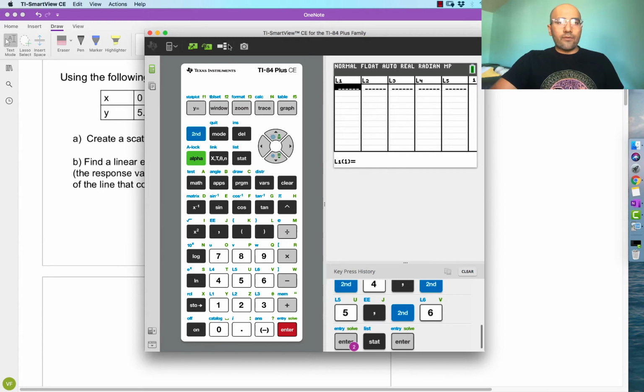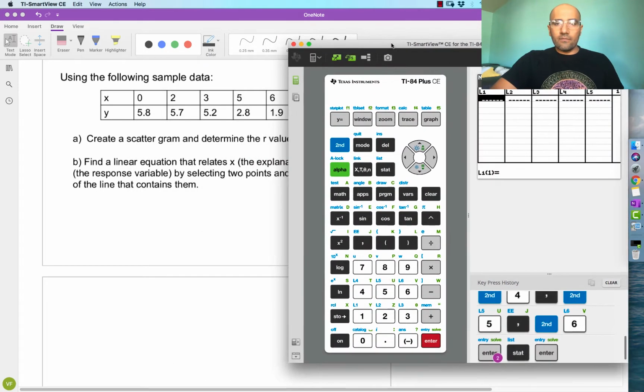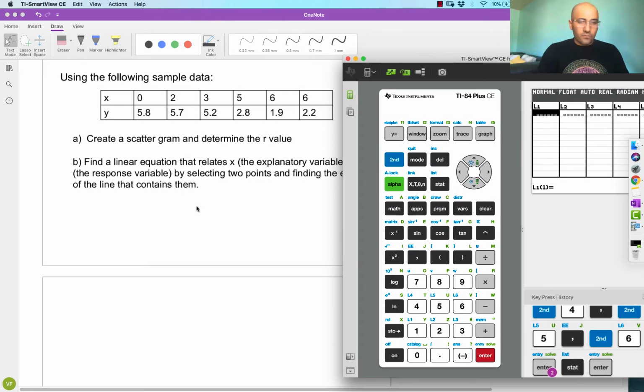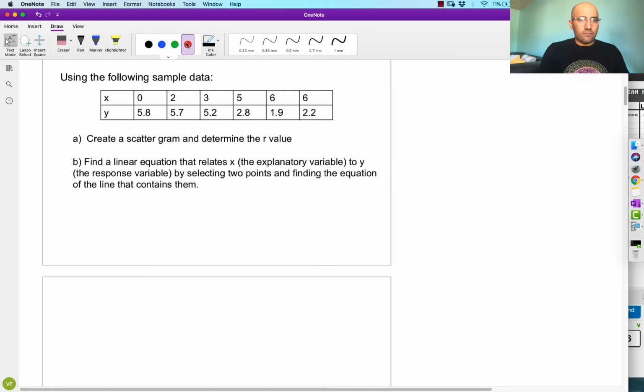First of all, we're going to input all the x coordinates onto list 1 and all the y coordinates onto list 2. So this is going to be list 1 going that way, and this is going to be list 2 going that way.